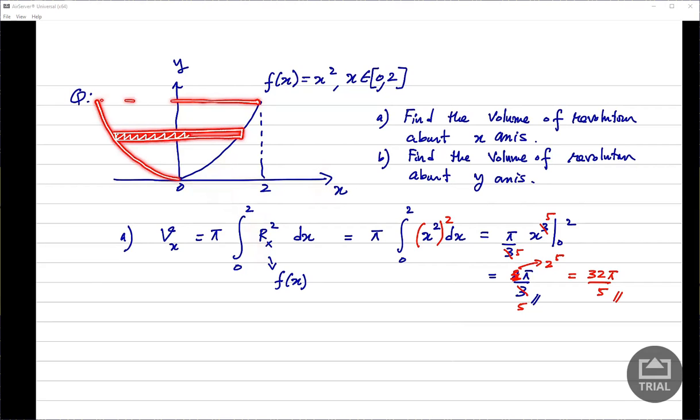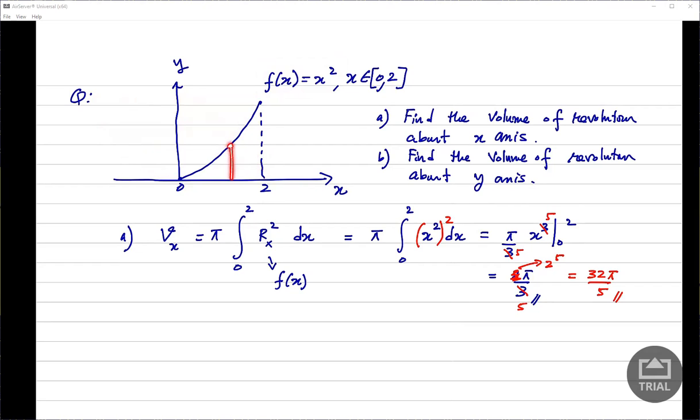This is the disk. So you need this distance, which is r of y, right? So how do you find this distance? Now, when you have a function like this, if you get the point here, this distance is given by the function f of x.